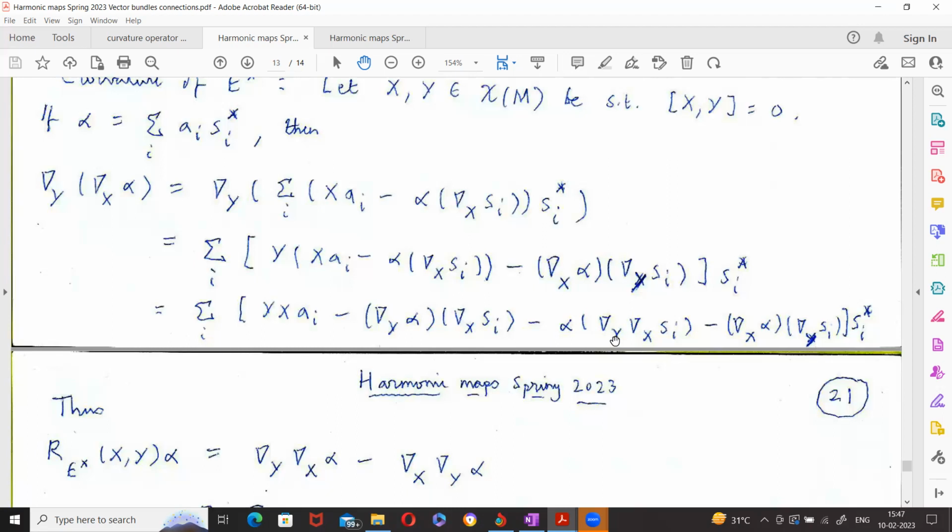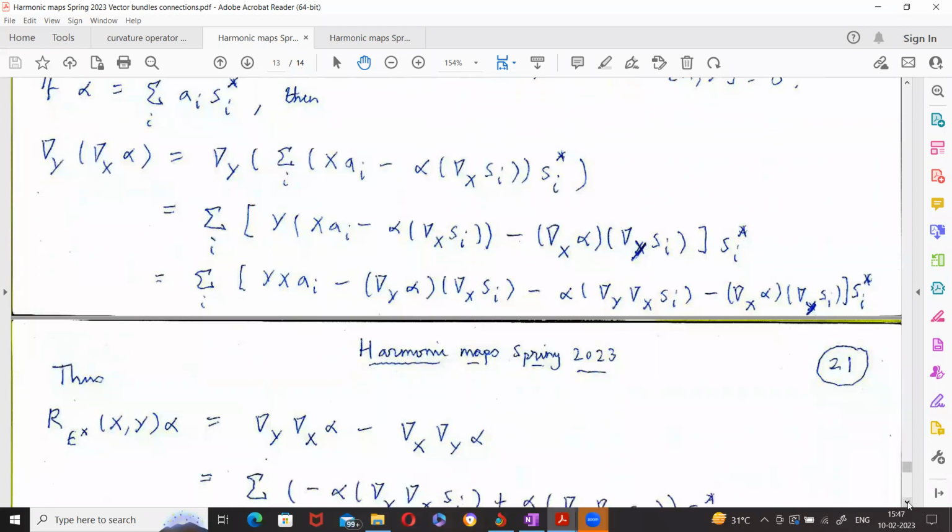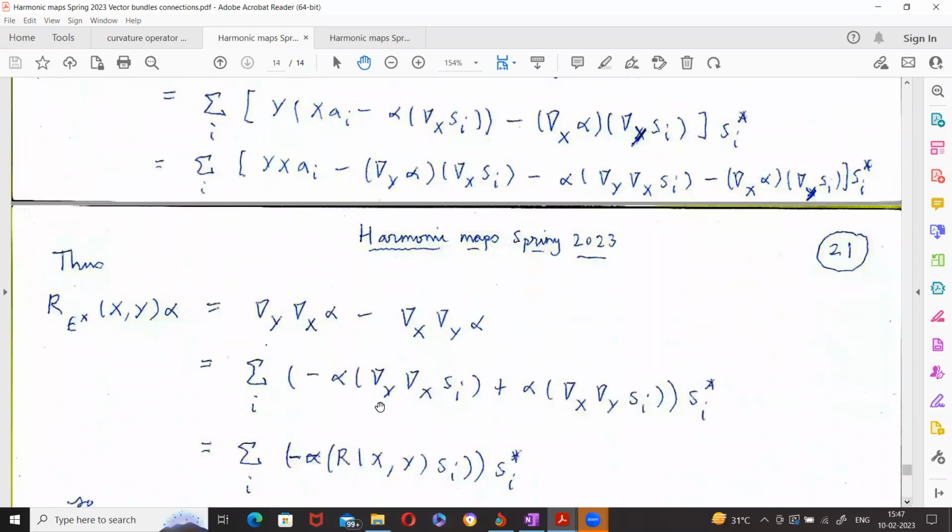So I'll have a nabla_y nabla_x s_i, and then I'll have a nabla_x nabla_y s_i, and then I have alpha applied to that. So what I'll get is minus alpha of nabla_y nabla_x s_i, plus alpha of nabla_x nabla_y s_i. Then that whole thing times s_i star, and then sum over i. So I take the alpha common. So this becomes alpha of nabla_x nabla_y s_i minus nabla_y nabla_x s_i.